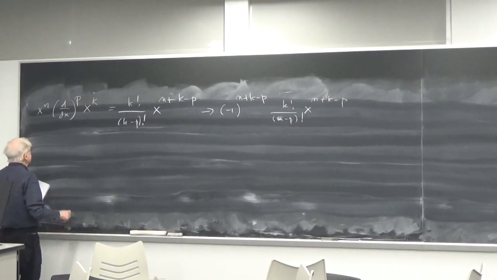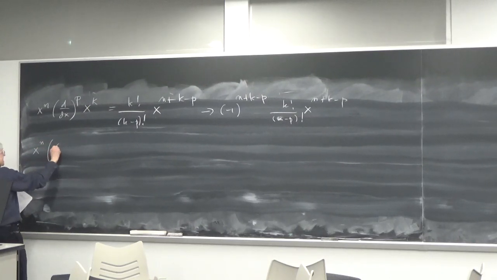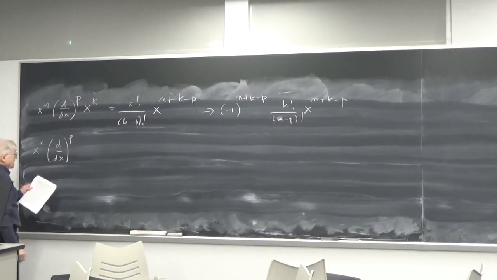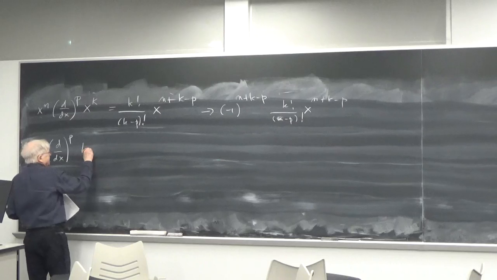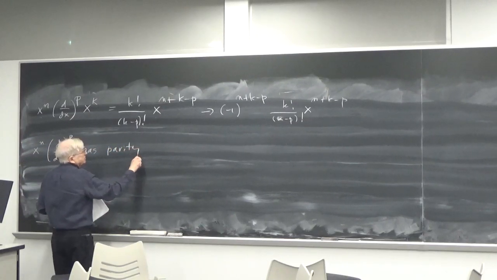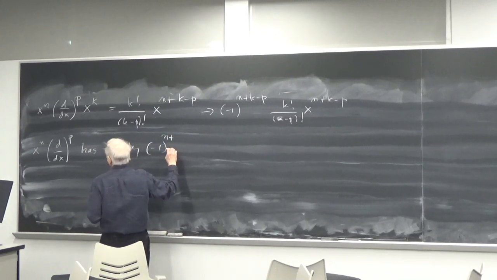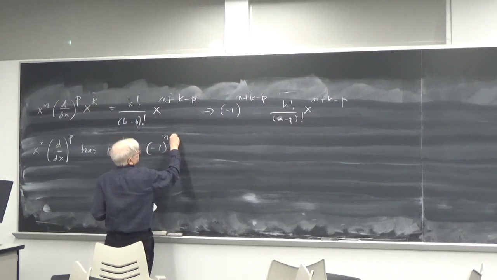And so what you can say is that the differential operator x to the k d by dx to the p has parity (minus 1) to the n plus p, or n minus p.